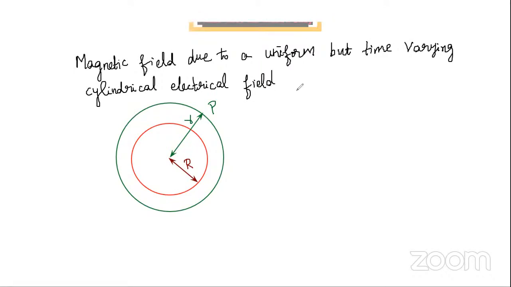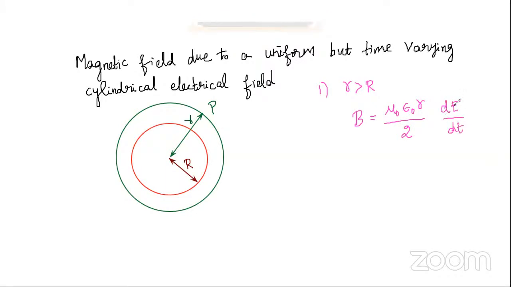Like the first scenario is small r less than capital R. Here, what is the value of magnetic field? B is equal to mu naught epsilon naught r whole divided by 2 into dE by dt. Why is it dE by dt?